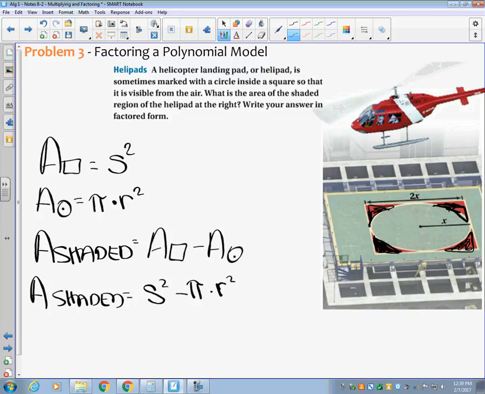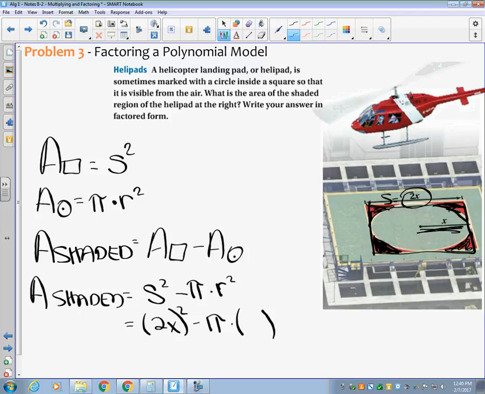We're going to start putting those little pieces in. So we take a look at our square. It's here, 2x is our side length. So instead of s, we're going to put 2x, and we're going to square it. And we look at the radius of our circle.